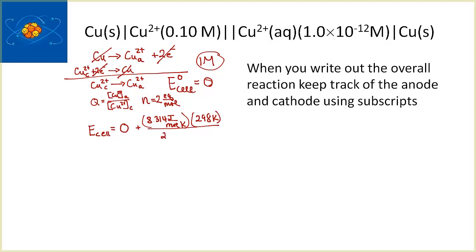Now n is 2 equivalents per mole. And F is 96,485 coulombs per equivalent. That'll be times ln, and in this case, 0.10, that's my anode concentration, divided by 1 times 10 to the minus 12.